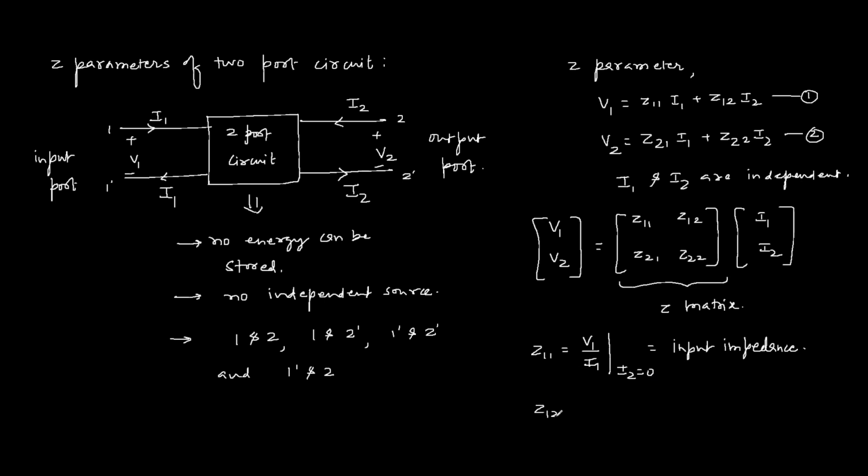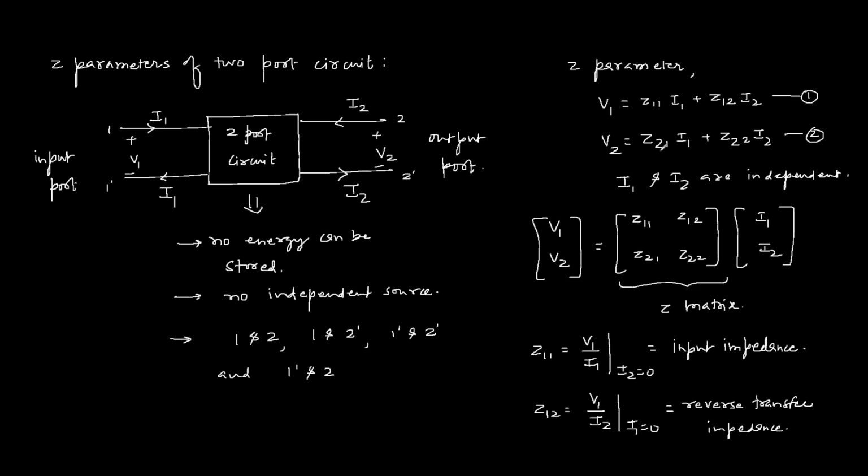And Z12 is V1 upon I2 when I1 is 0. It is called reverse transfer impedance, when port 1 is open circuited, because it is the ratio of voltage at port 1 to the current at port 2, or voltage of input port to the current of output port. That's why it is reverse transfer impedance.